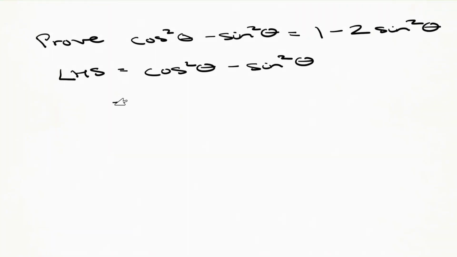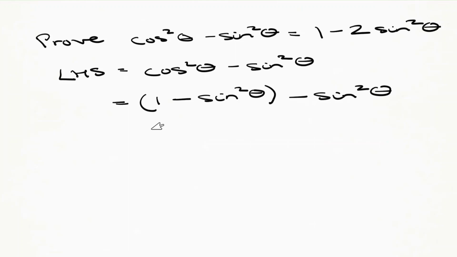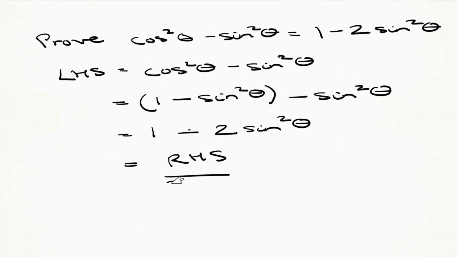And we know from our previous example, cosine squared theta is equal to 1 minus sine squared theta. So I'm going to substitute that in. So opening these brackets, we know that minus sine squared theta minus another sine squared theta, that's 2 sine squared thetas. That is just simple algebra of collecting the like terms, and that is basically what we had to prove.